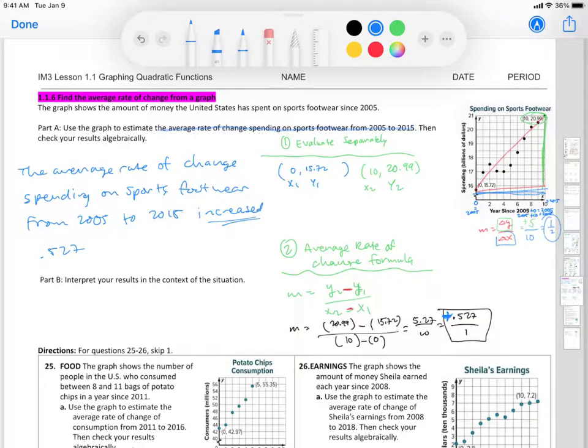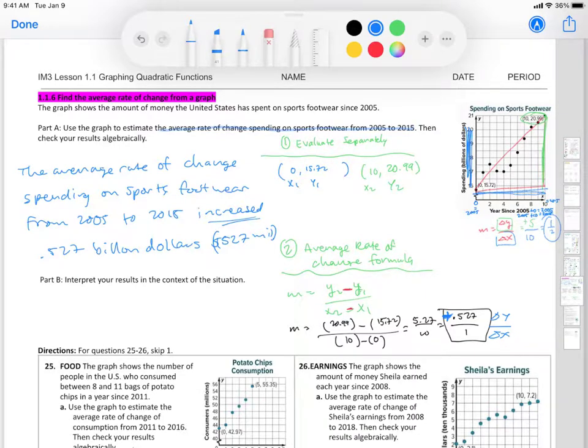Now it's kind of weird to say 0.527 and then look at your y-axis, change of y over change of x. The reason why I'm pointing that out is it helps us with context. So that's spending in billions of dollars. So I'm going to write $0.527 billion. If you actually multiply that 0.527 times 1 billion, it's essentially 527 million.